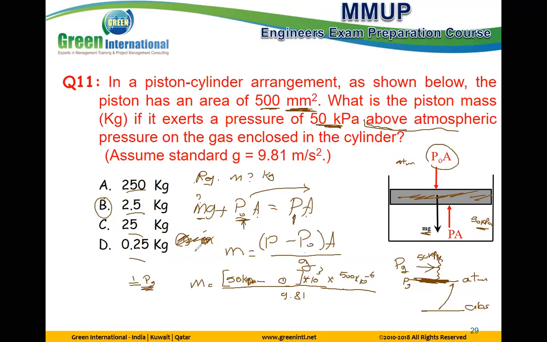But if you use both as absolute, the first pressure will be 150 kilopascal, not 50. Why? Because you add 100 to the 50 kilopascal to change from gauge to absolute. And the other one, atmospheric, is 100 absolute.